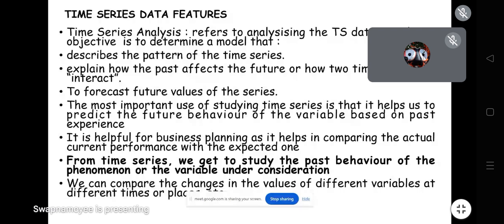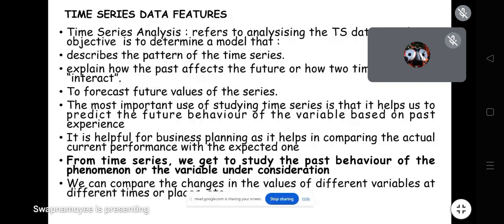We can extend the data so that we can forecast about the future. What is very important here is we are using the past data to forecast about the future. That's the time series element.